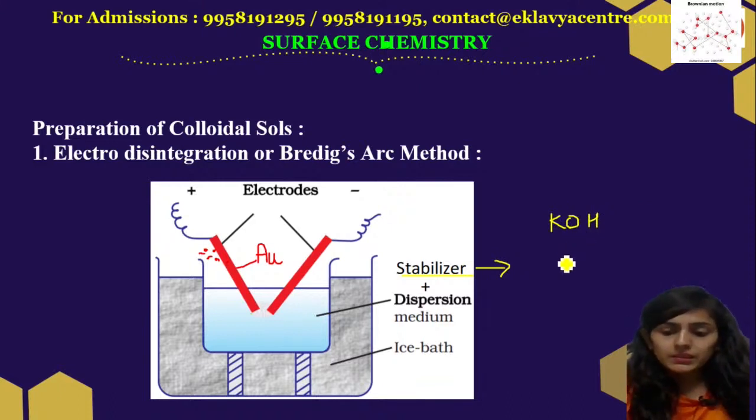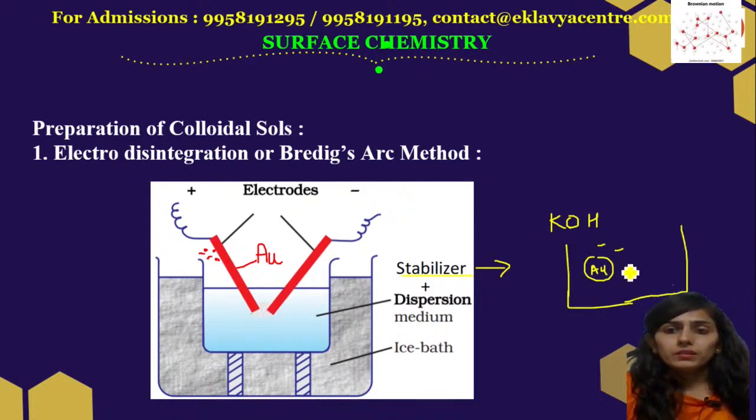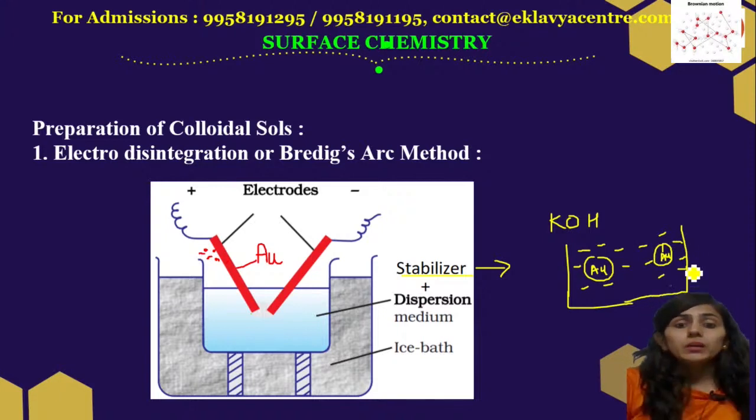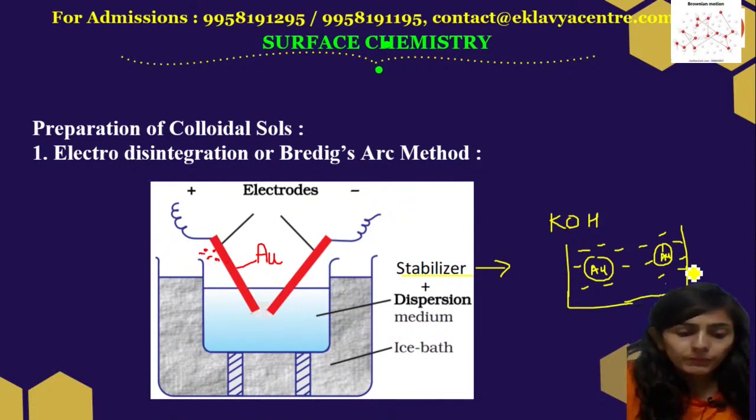When these vapors aggregate together to form a colloid, suppose we get an Au colloid, this electrolyte will impart a negative charge on its surface, and on another particle also, so that they do not mix together to form a precipitate. That is why we use this method. I hope this much is clear to you.